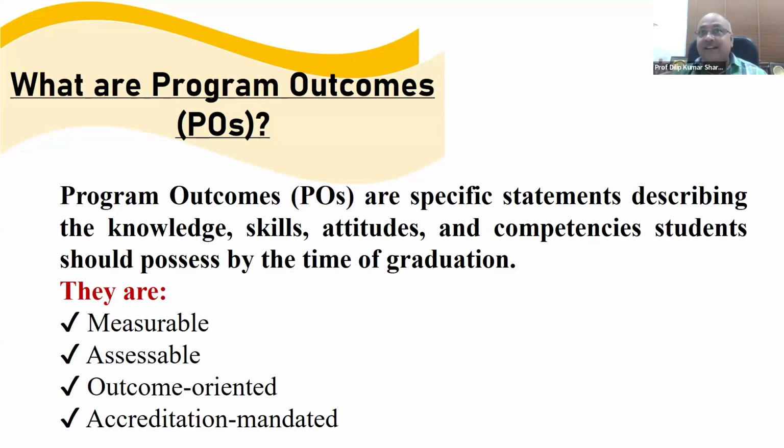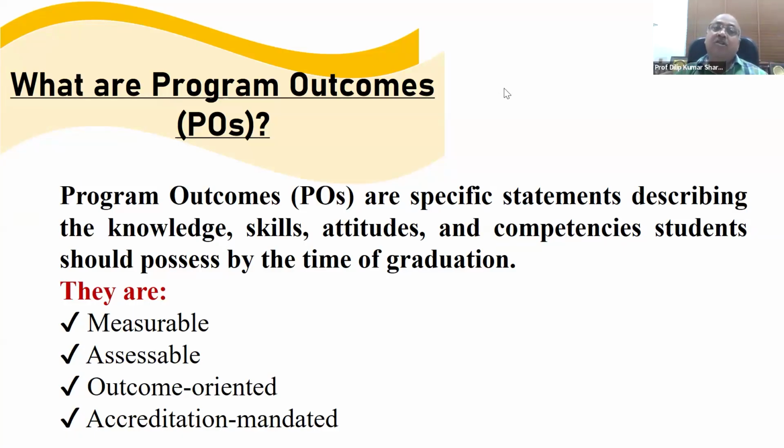Because that is a structured way of learning, because we are giving a formal education. It should be measurable. By that we can measure, and all the things will be further related to the attainment. How many program outcomes are going to be measured, and what is the attainment, how much attainment, like that.